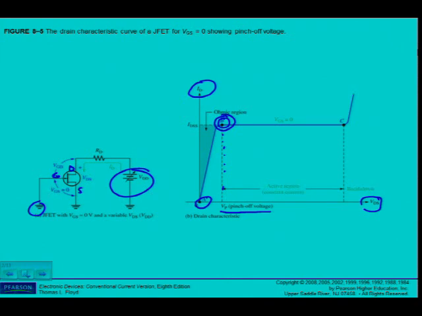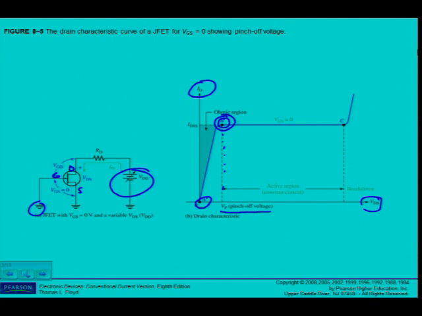This value of drain current is IDSS, drain to source current with the gate shorted. That's the maximum current for this device, and it is always specified on the JFET data sheet. So that's the maximum current.